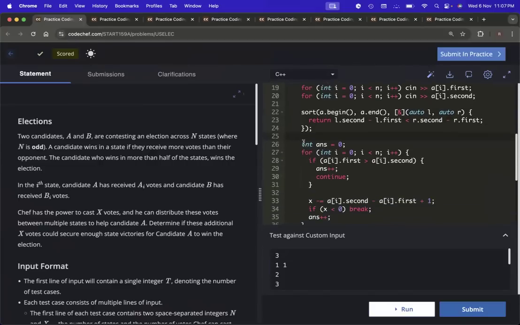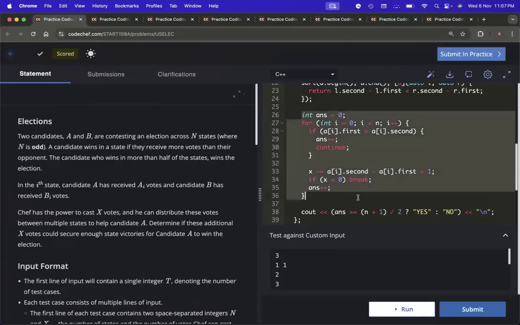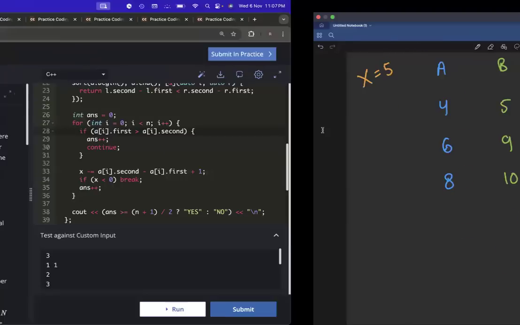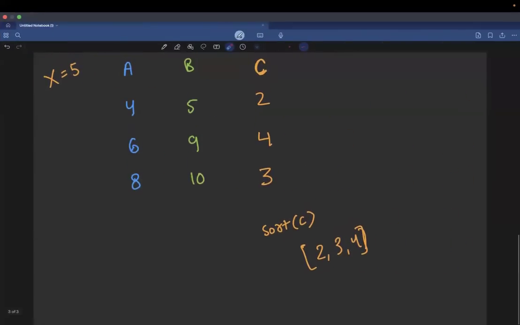And then I went over this sorted array. Initially, when you have sorted the array, the initial values might be the states where A was already winning, and then you will have the states where A was losing. Just 1 second.